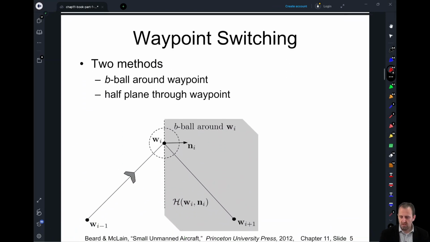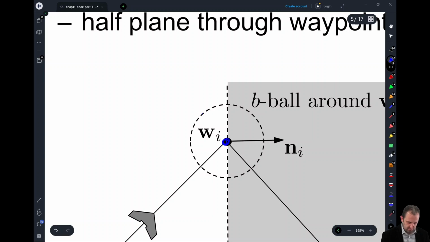Like we mentioned, there's two different ways that we could decide when to switch. The first is a ball, and that might be the way you would initially think of. We're just going to say, hey, once we get close enough to a waypoint, then we're going to switch. So here's a ball.